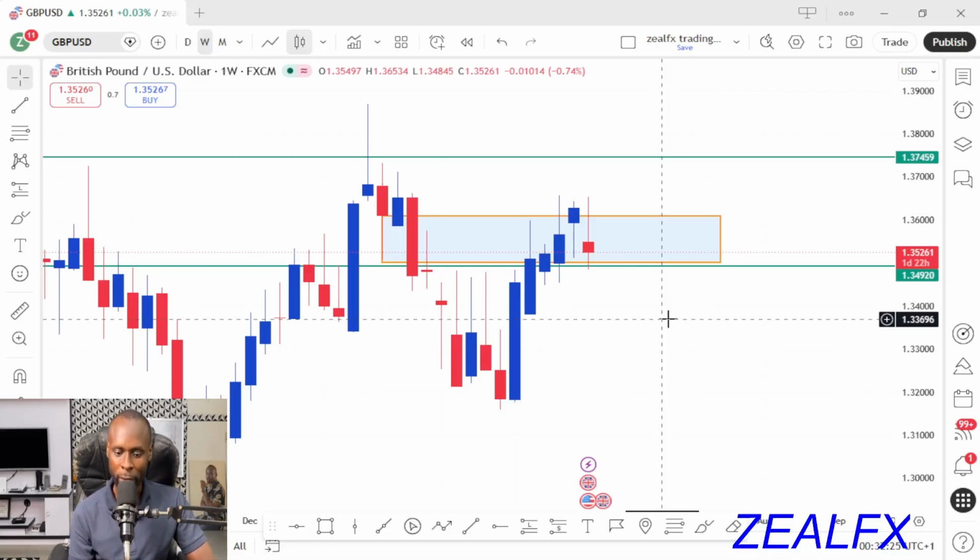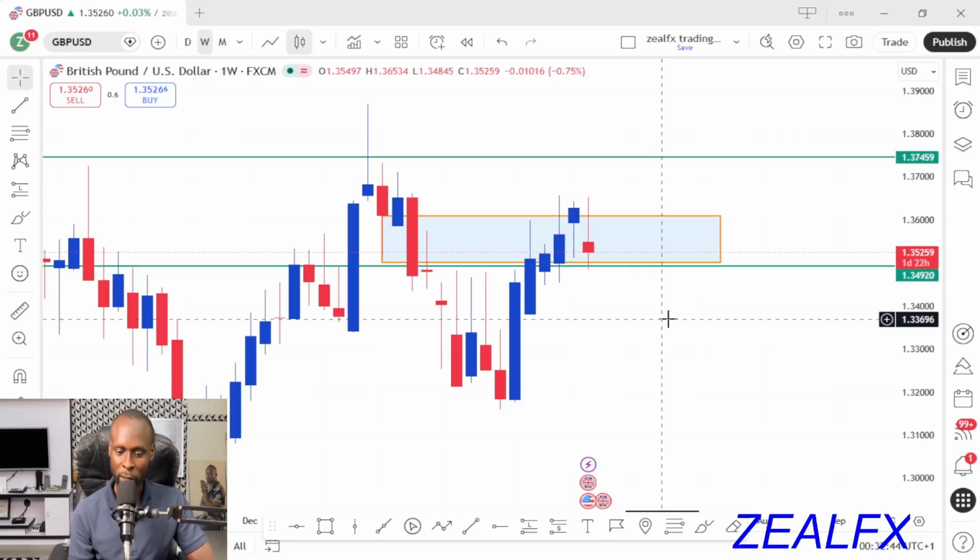Because if you are buying from a weekly major level, we expect price to move strongly bullish from such a level. So higher time frame strong levels are good areas for you to buy or sell any currency.